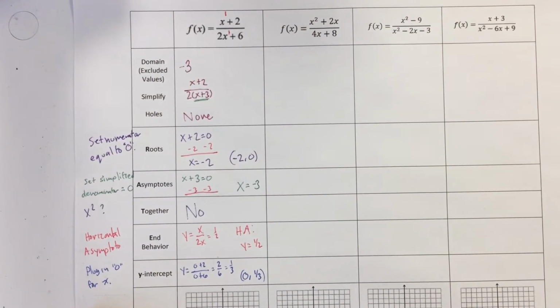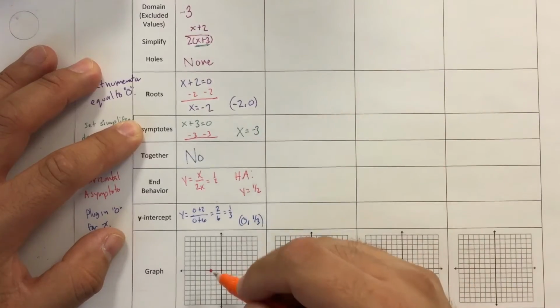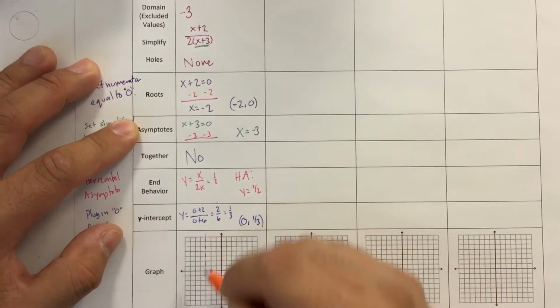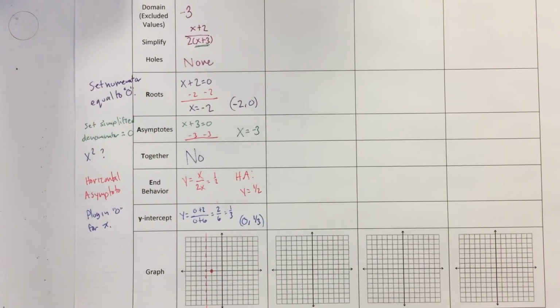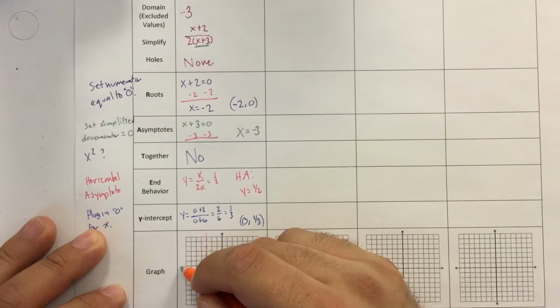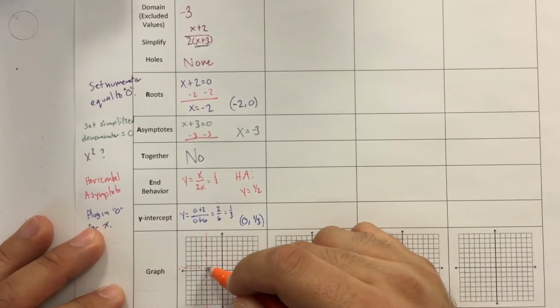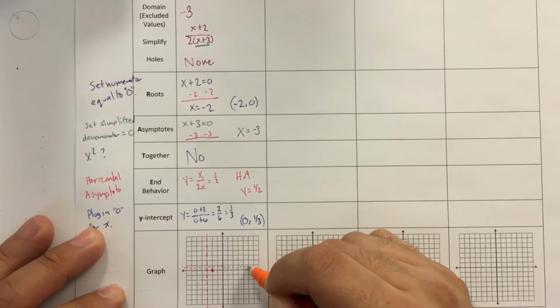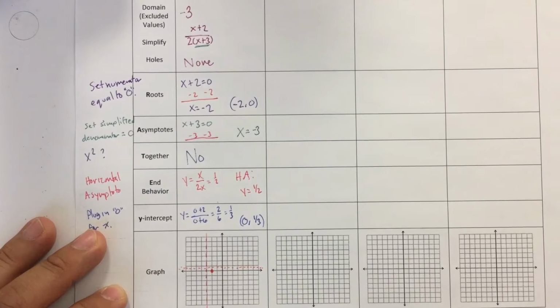I have a vertical asymptote at x equals negative 3, and a horizontal asymptote at y equals 1/2. This is going to be hard. And we have a y-intercept at 0, comma 1/3.